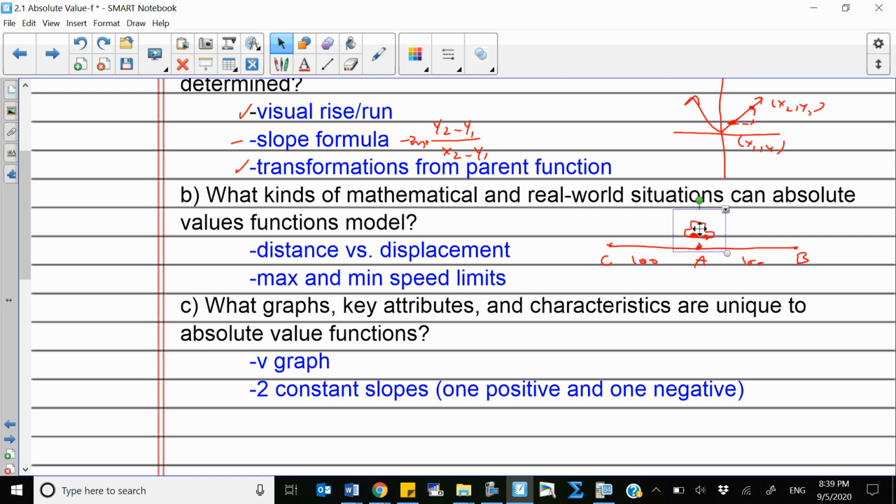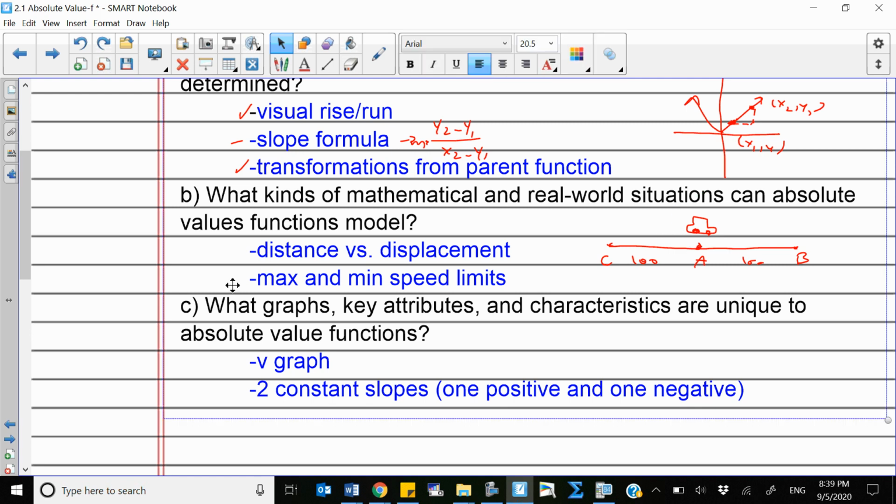I can say I have moved the car to the right, or let's say, for example, to the east for 100 meters, or I moved it to the west or to the left for 100 meters. So when the direction is also involved, that's called the displacement. So we can use absolute value functions for real world situations that involve distance and displacements.